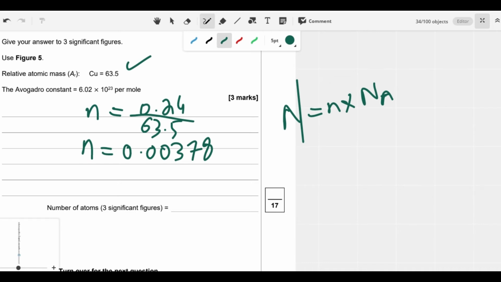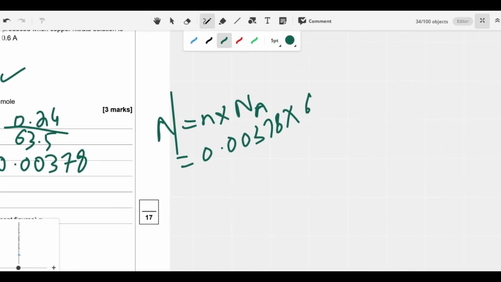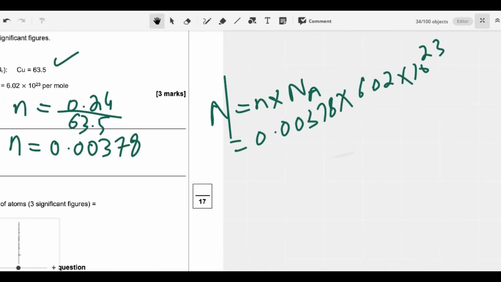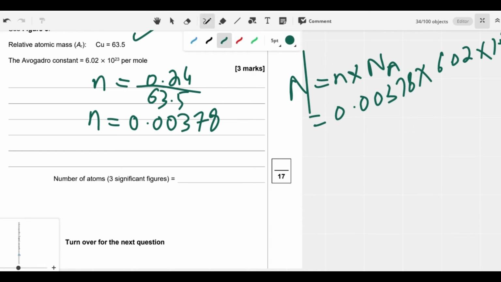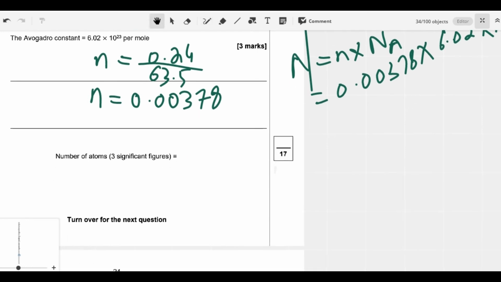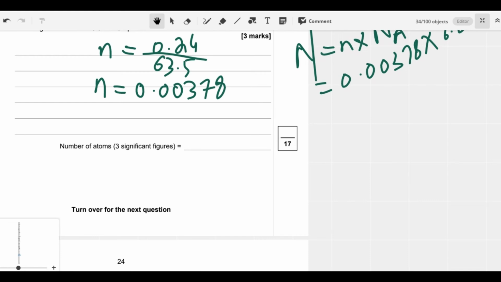So here the moles are 0.00378 times 6.02 times 10 to the power 23, and when you multiply this, the number of atoms will be, to 3 significant figures, 2.28 times 10 to the power 21.